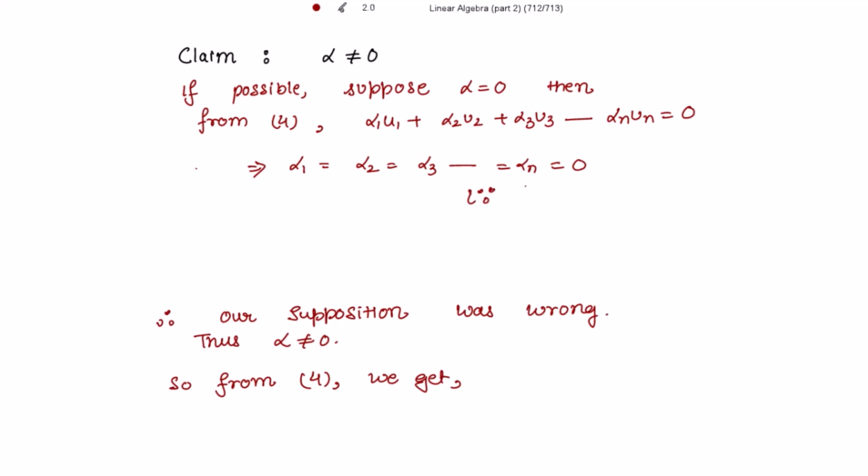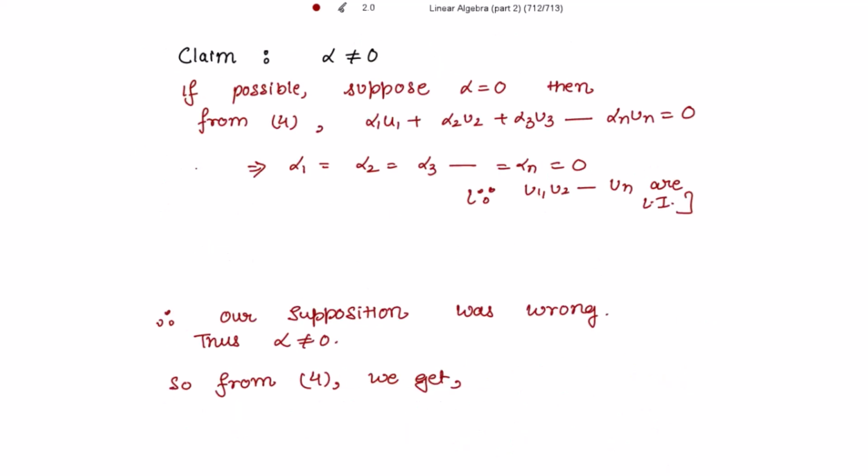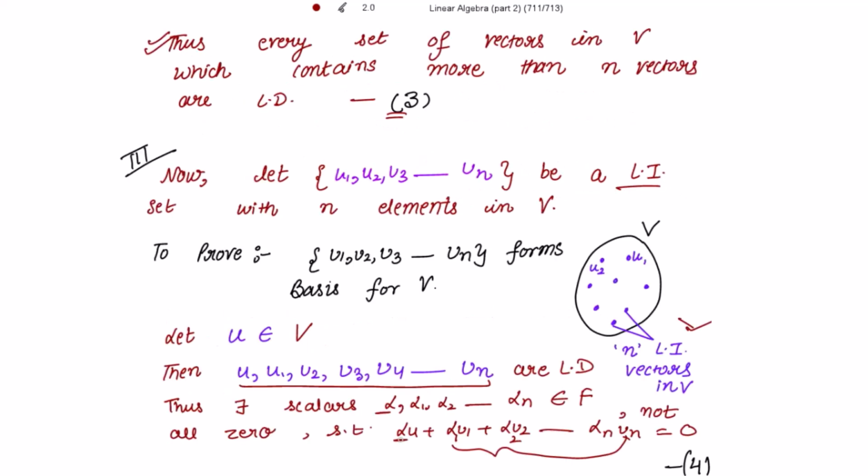Reason: given that u1, u2, un are linearly independent. Now if all these are equal to 0, then this alpha is also equal to 0, we have supposed, right? These are all 0 and we have also supposed that alpha is also 0, which means alpha is 0, alpha 1 is 0, alpha 2 is 0, which means u1, u2, un are linearly independent.